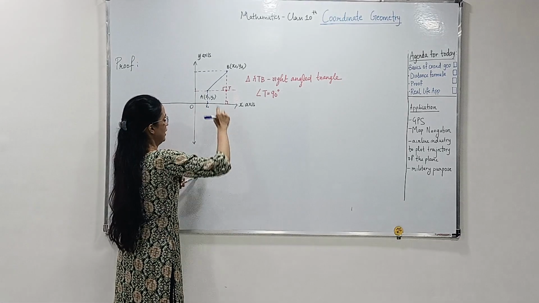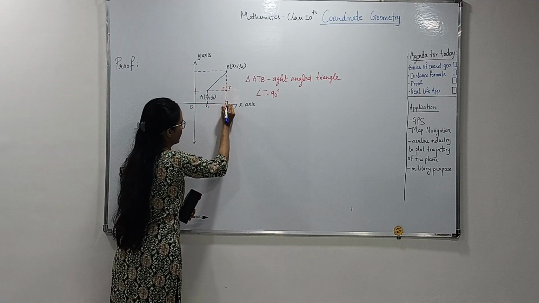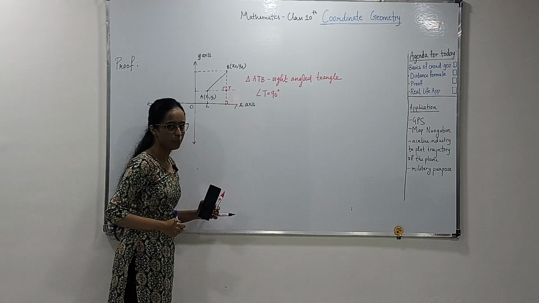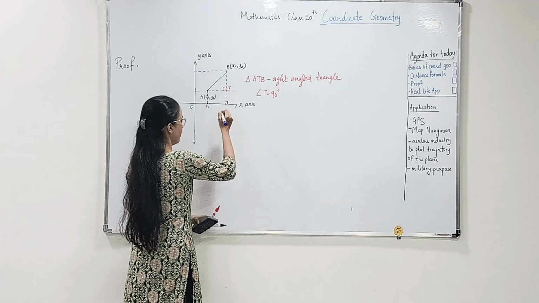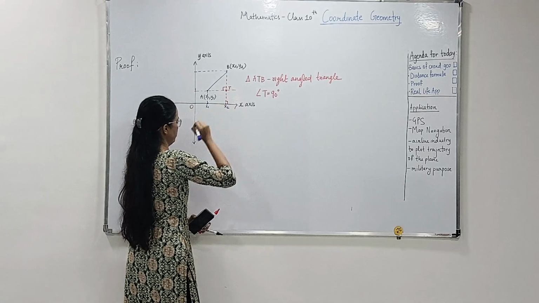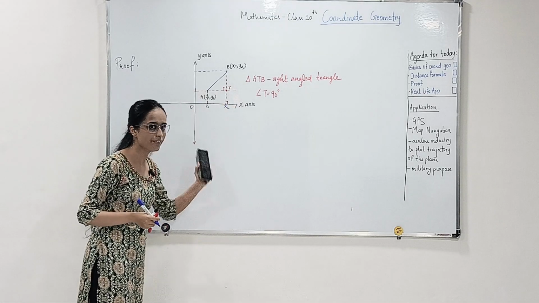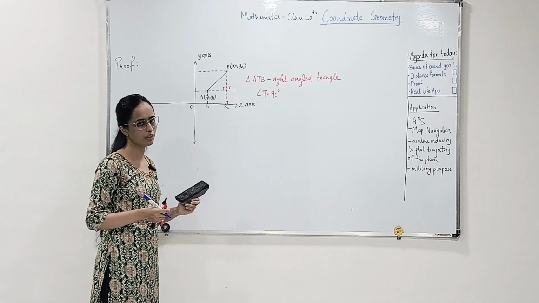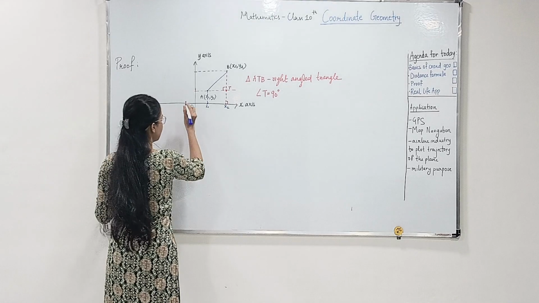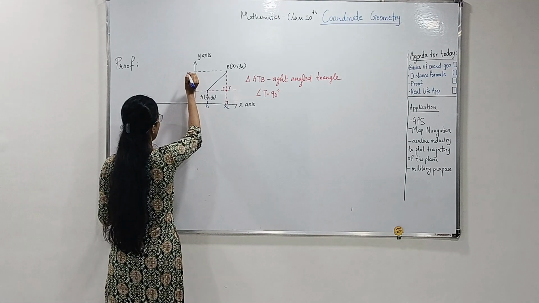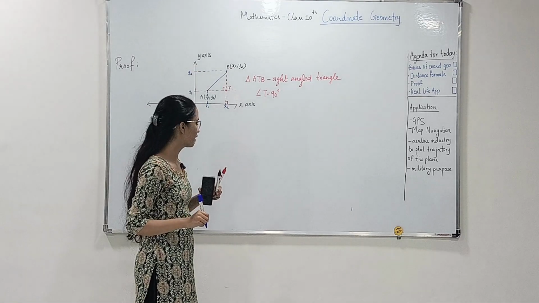It is x1. Similarly, when I drop a perpendicular from point B on the x-axis, the point at which the perpendicular meets the x-axis is the x coordinate of B, right? So this is your x2. Similarly, when I drop a perpendicular from point A on the y-axis, the point where the perpendicular meets the y-axis is nothing but its y coordinate, and in this case it is y1, and this would be the y coordinate of B, that is y2.